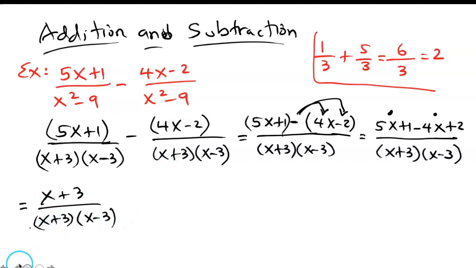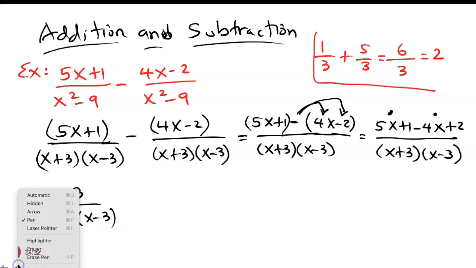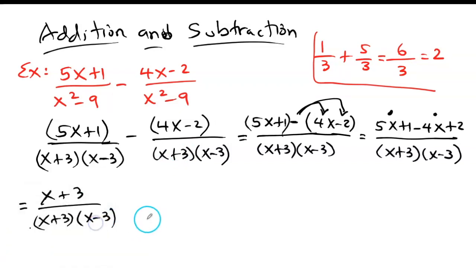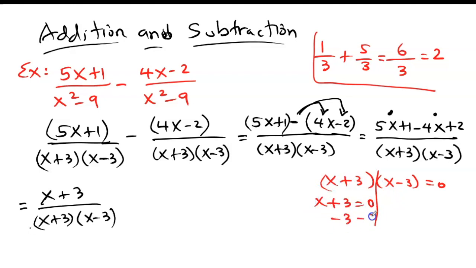Before we do this, remember, restrictions. Okay, so let's get rid. Restrictions, x plus 3, x minus 3. Hopefully by now you can do this on the side, right? You know that it is going to be the opposite of positive 3, which is minus 3. And it's going to be the opposite of negative 3, which is plus 3.